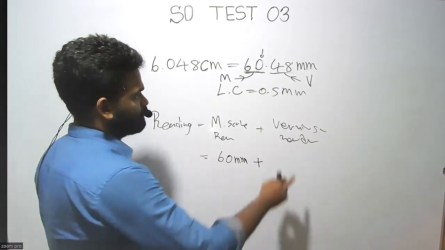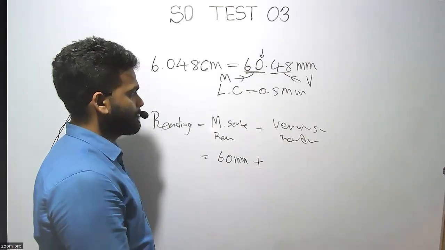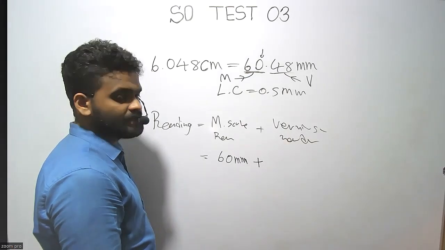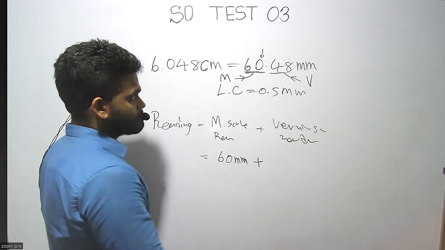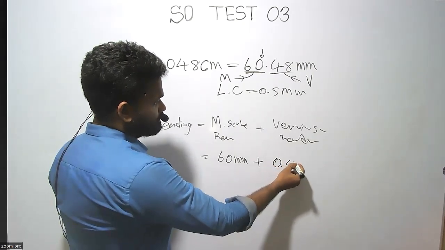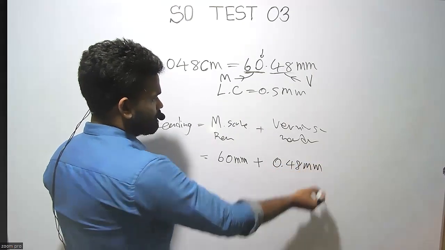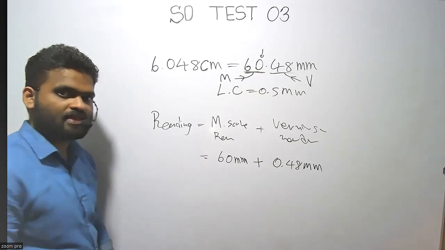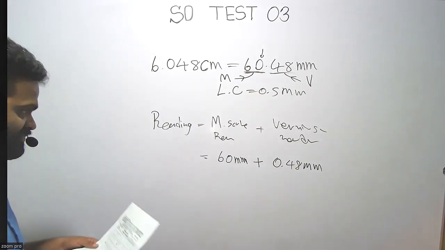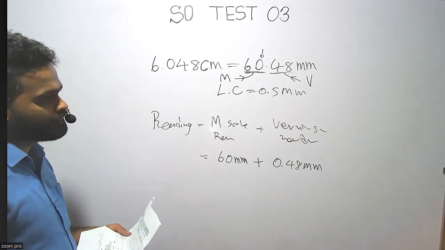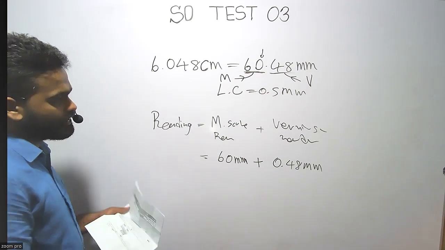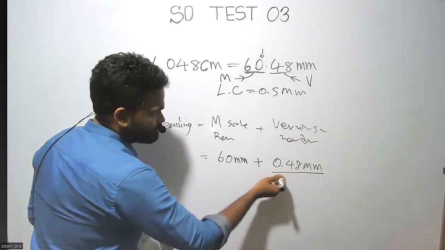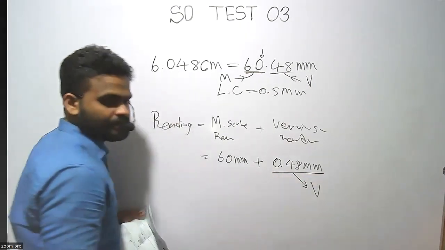Then vernier scale reading is what? Vernier scale reading, that is 0.48 millimeters. Got it? Then this part is measured using the vernier scale.